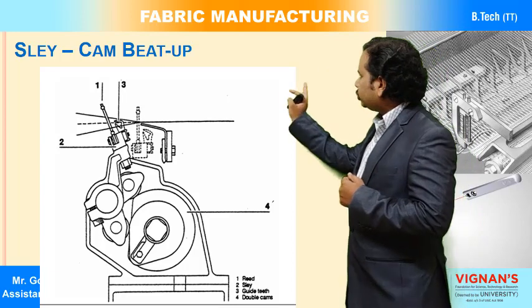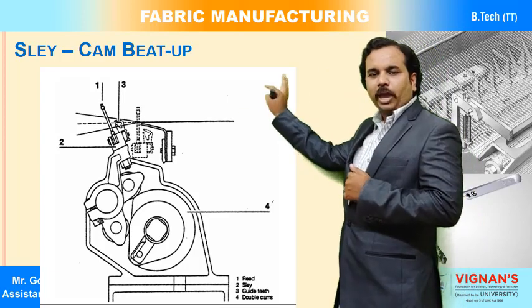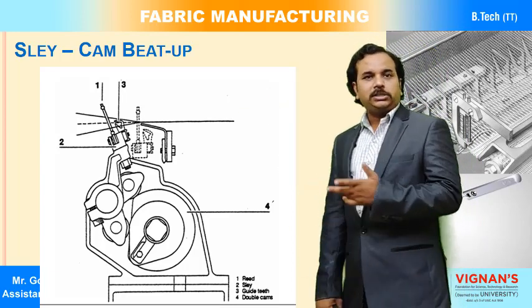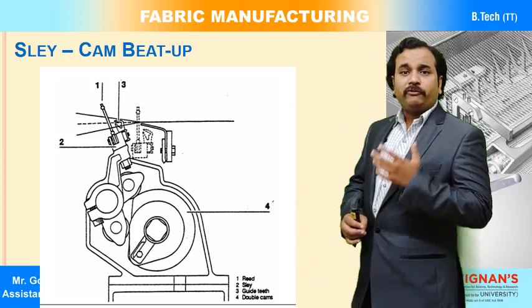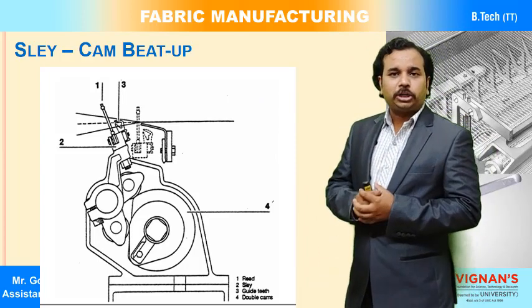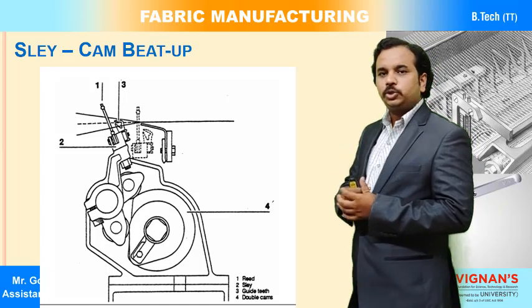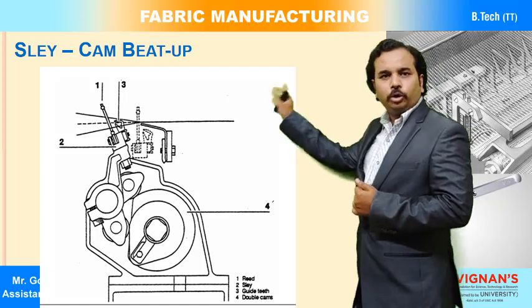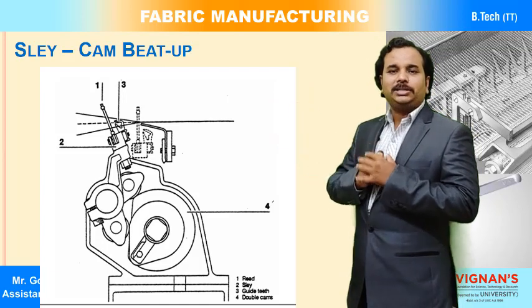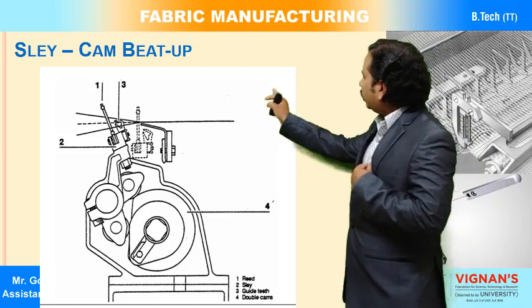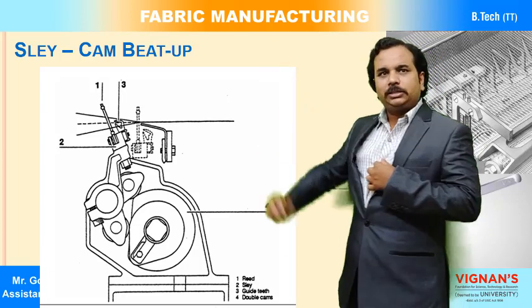There are followers for the respective cams. We have 2 followers. So the forward motion and the backward motion of the sley is controlled with the help of these 2 cams, with the 2 followers fixed on the sley. On the sley we have a reed and guide teeth.